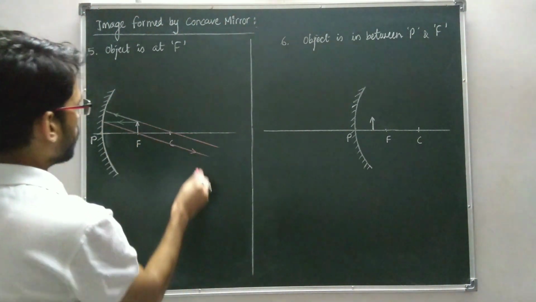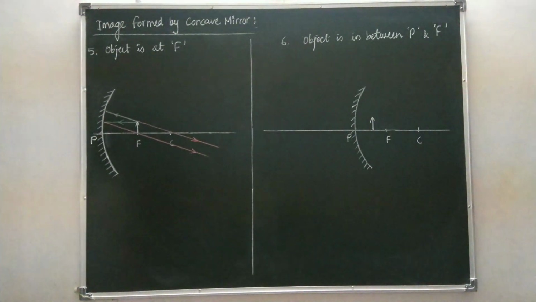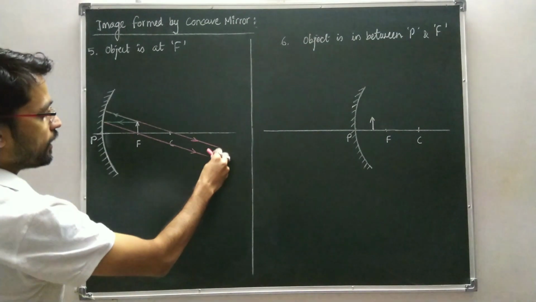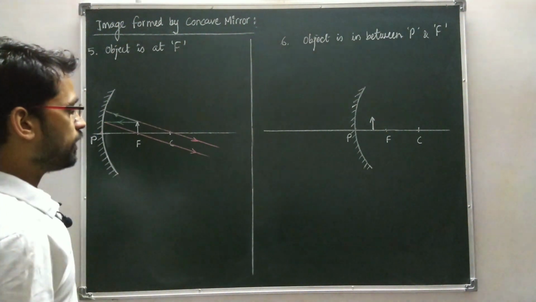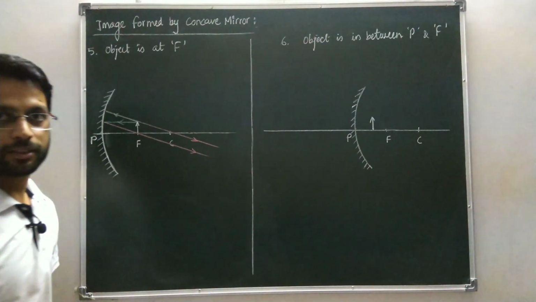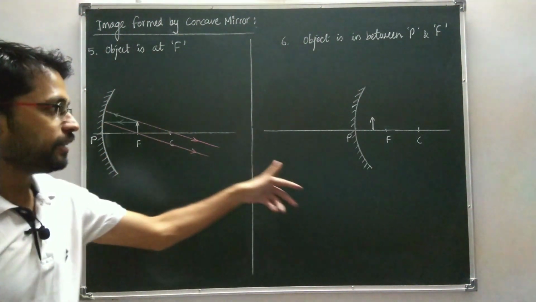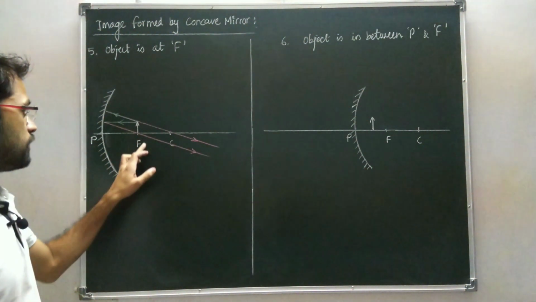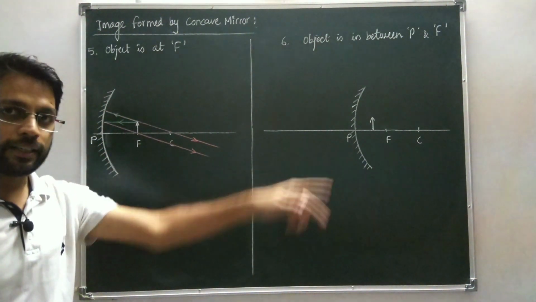Okay, and you see that these two reflected rays are parallel to each other and they never intersect. It means the image is formed at infinity. Okay, when the object is at focus, then the image is formed at infinity.